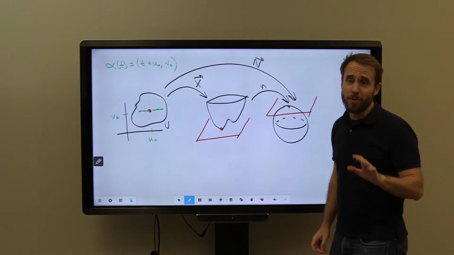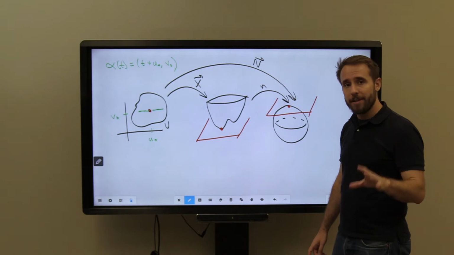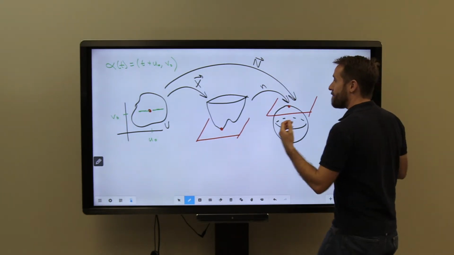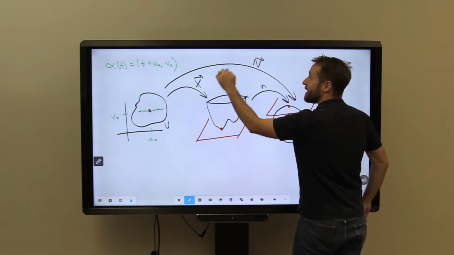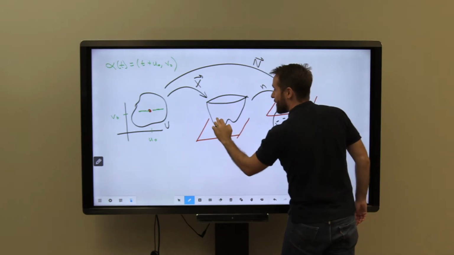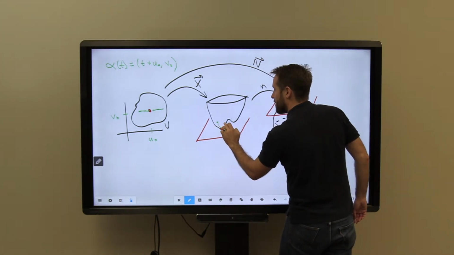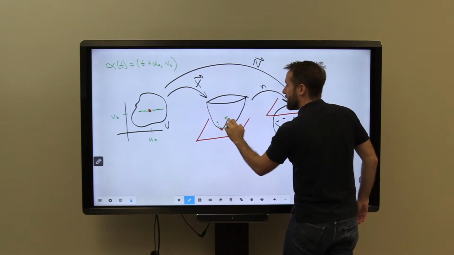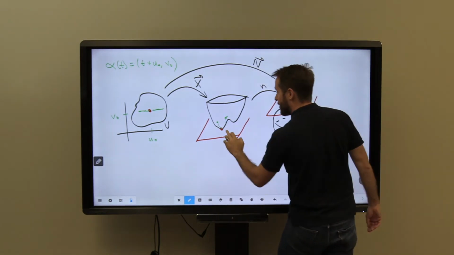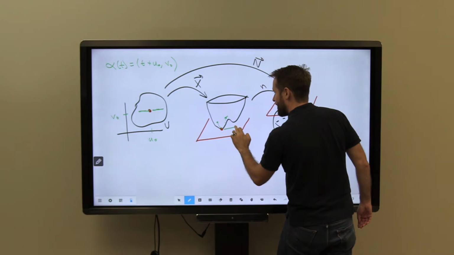Now, from things that we've already seen in previous videos, if I map this alpha into my x space, so I take x of alpha, I'll get some curve there, and then I take the derivative at 0, and I'll get a vector.